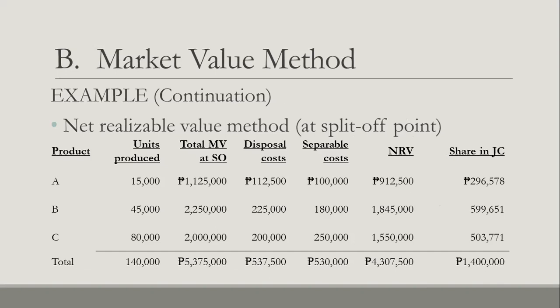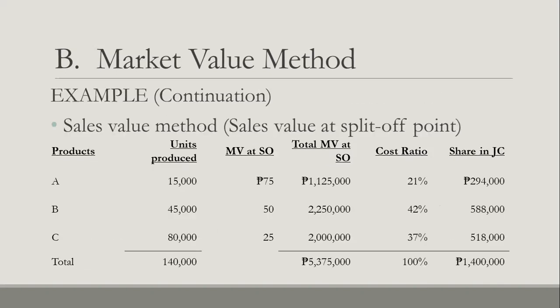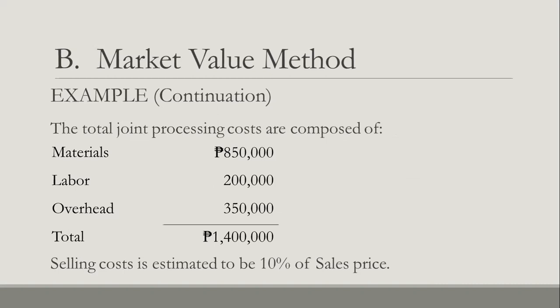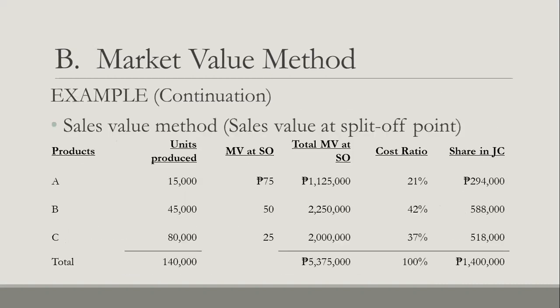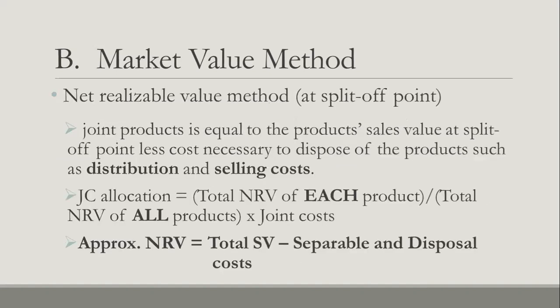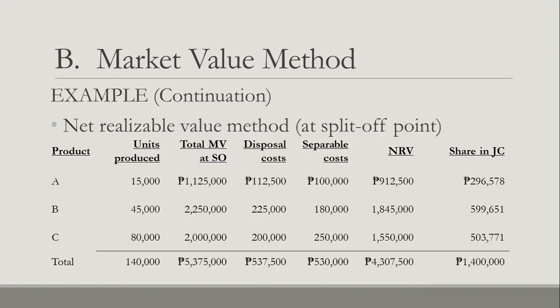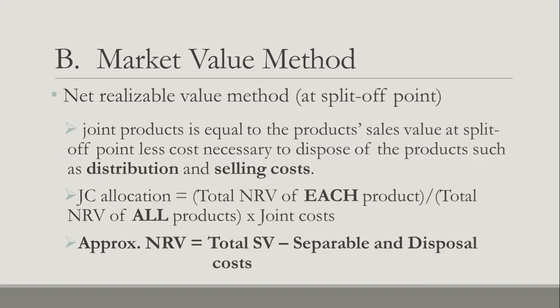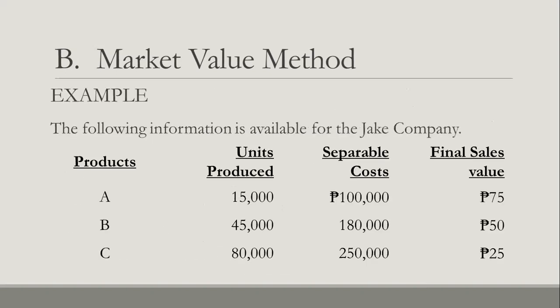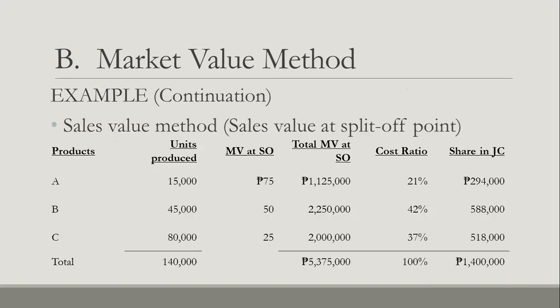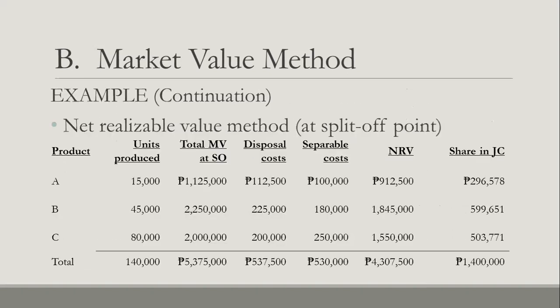Again, there's a note here that the selling cost is estimated to be 10% of sales price. So you just multiply the total market value at split off point by 10%, you would get your disposal cost. And there's a separable cost here which is also given. This is your separable cost, your 100, 180, and 250. That is equal to 530,000 pesos.